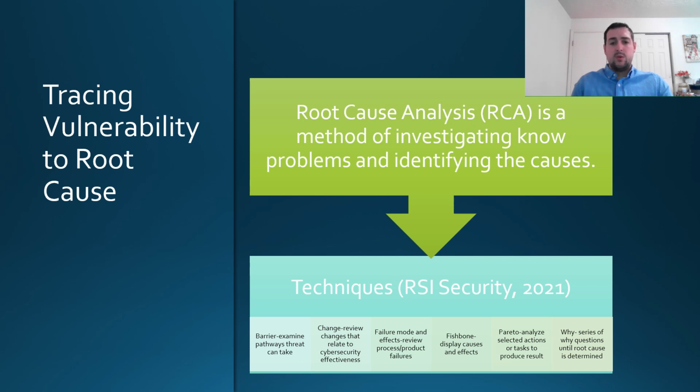Failure mode and effects, review process and product failures. Fishbone, you want to display causes and the effects. Pareto, analyze selected actions or tasks to produce results. And then the why question. This is just a series of why questions until the root cause is determined.